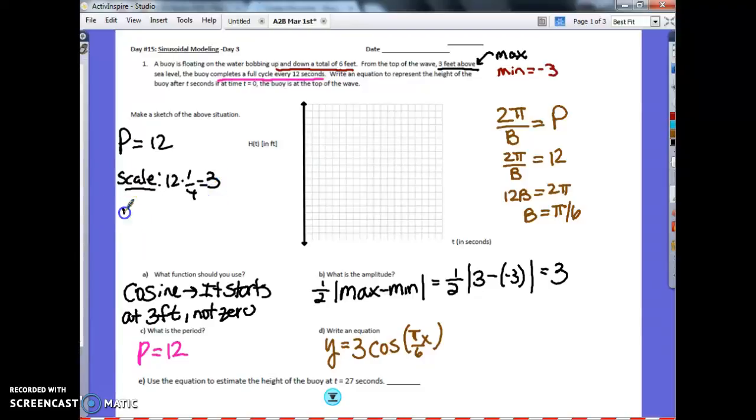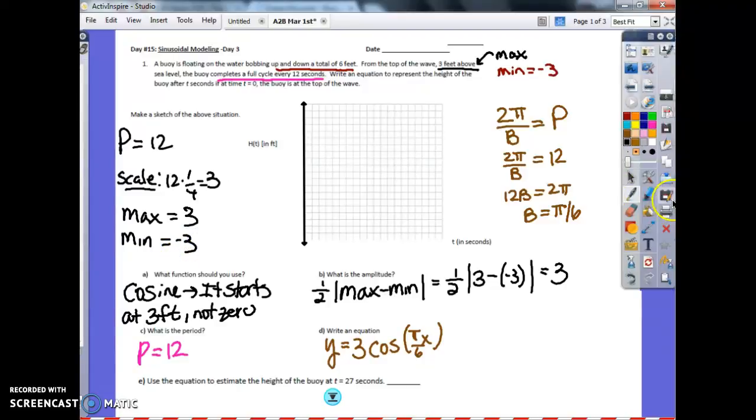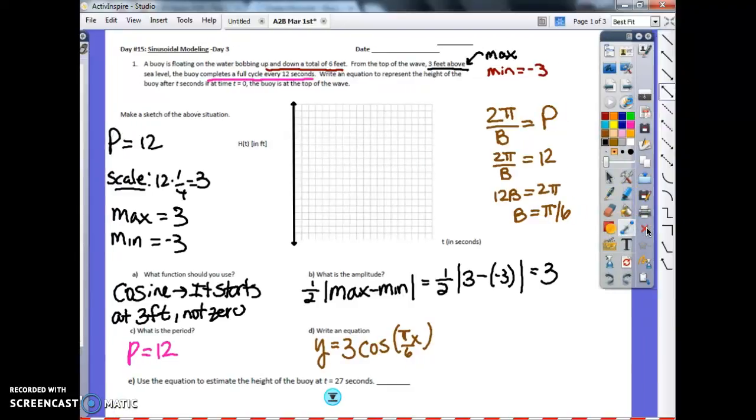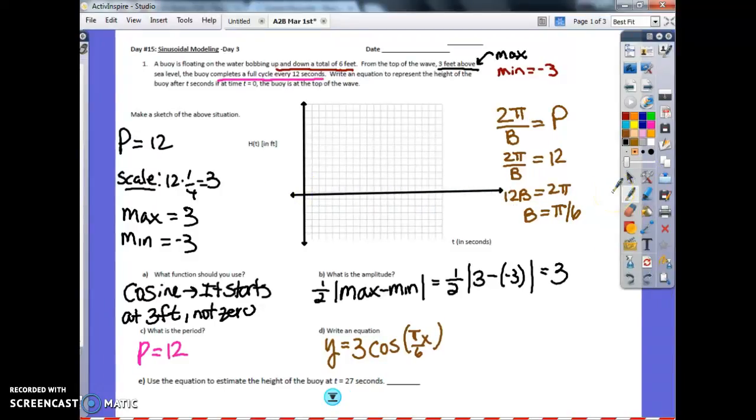And let's see, this is going to have a maximum height of 3 and a minimum height. Since the amplitude is 3, we know the minimum is going to go down to -3. So we want to at least make sure our y-axis has both -3 and 3 on it. Okay, so I'm going to go by 3s.